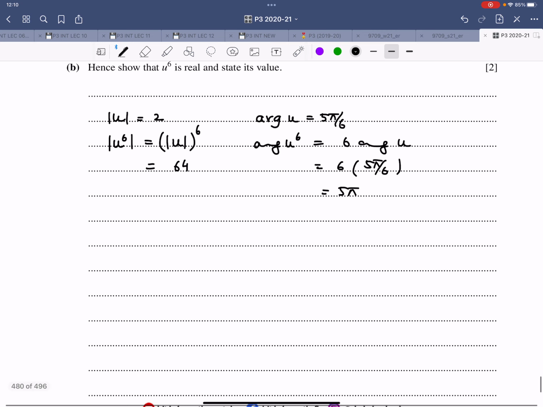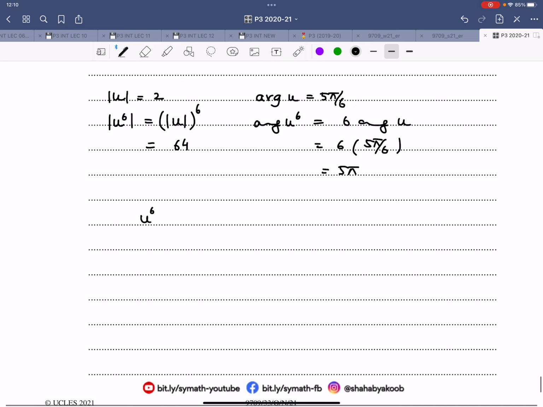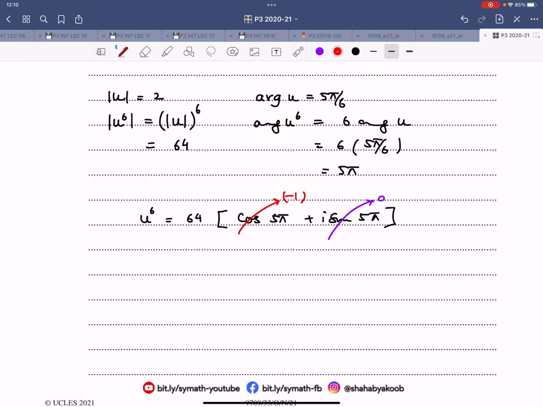Now rewrite in the trig form again, u to the power 6 is 64 times cosine of 5 pi plus i sine 5 pi. So when you use a calculator, sine of 5 pi comes out to be 0, and cosine of 5 pi comes out to be negative 1. So this negative 1 multiplied by 64 comes out to be negative 64, which is a real number. So that is the working for this part.